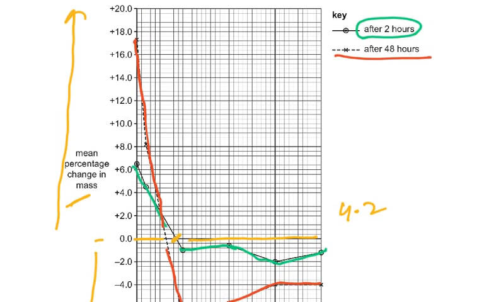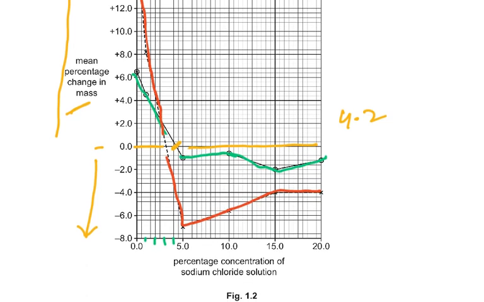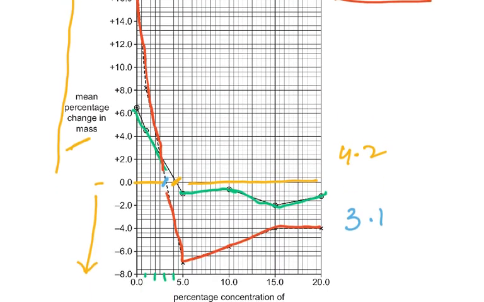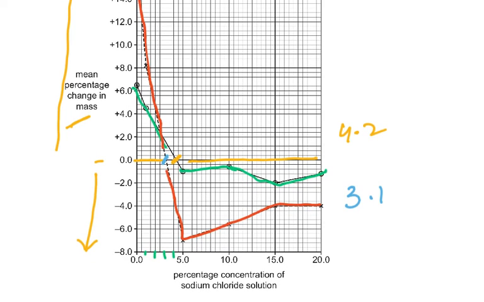But this is only for the one which was kept for 2 hours. What about this other one? Now you can see this is somewhere near 3.1. This one here. So the one which was kept for 48 hours intercepts the zero mark at 3.1 percentage concentration of sodium chloride.